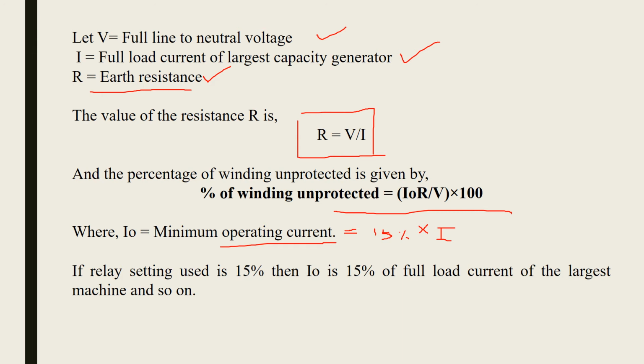If we have taken a different relay setting, it can change also. We can take 20, 25 according to the question or according to the manufacturer's specification. So I naught will be equal to 15% of your full load current, and therefore we can get the percentage of the winding which remains unprotected in case of this resistance.